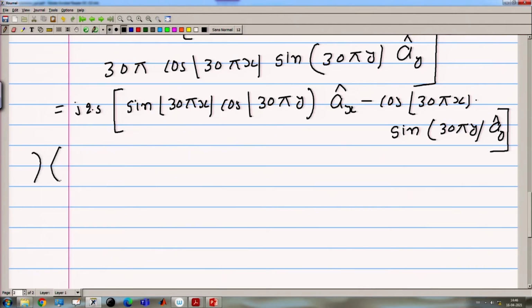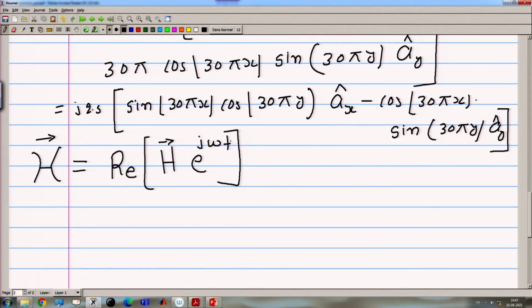For the instantaneous part we can calculate like this, because we are taking the maximum value. H equals the real part of H e to the power j omega t. So, e to the power j omega t can be written as cos omega t plus j sin omega t, and we have to take only the real part. Here outside it is j, so this expression will come: 2.5 minus sine 30 pi x.